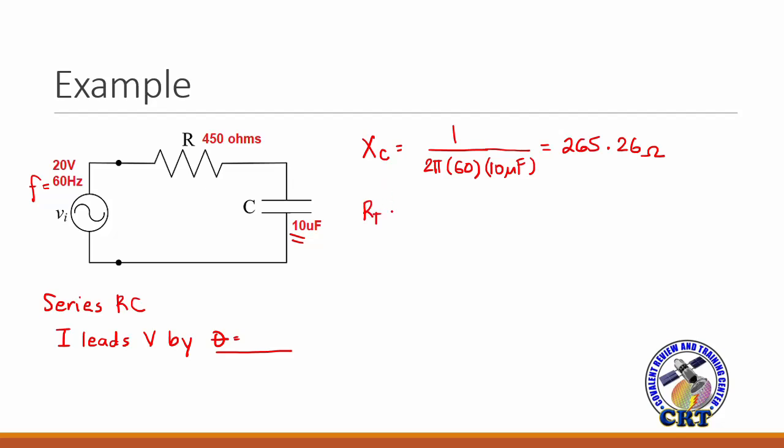Okay? So let us now solve the total resistance of this series connection. The total resistance is equivalent to the so-called impedance. And impedance is represented by letter Z. Okay, in RLC circuit discussion, this is called the impedance. And for the series connection, as we all know, to solve for the total ohmic value, we just need to add all the ohmic values.